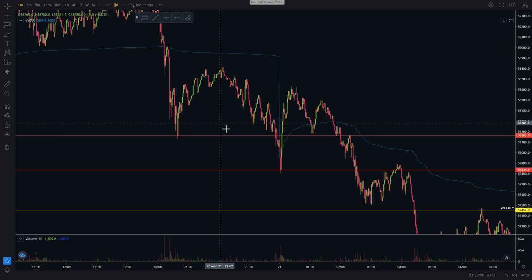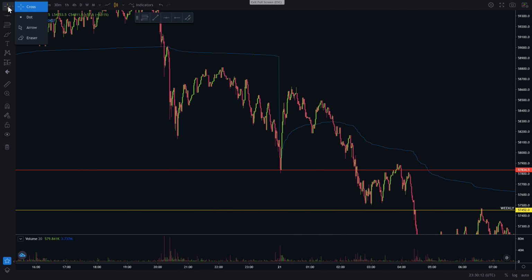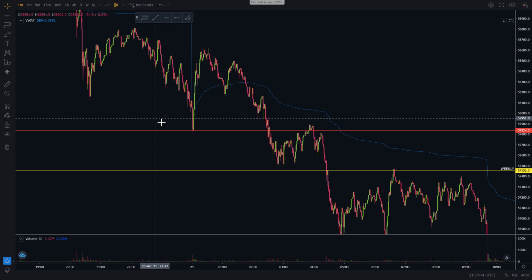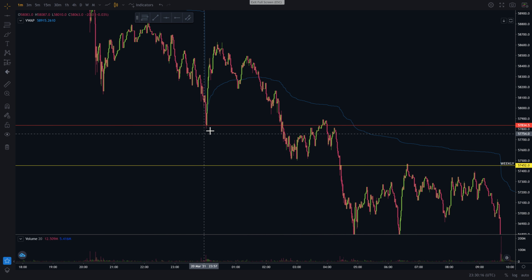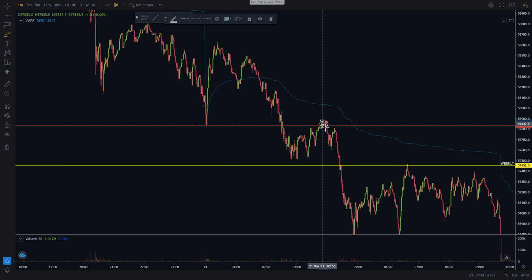You will be learning the swing failure pattern in the next video. So this was not resistance, it was breached, but as we can see later on, that low, we again fell through the support, and now when we are backtesting it, it's resistance.